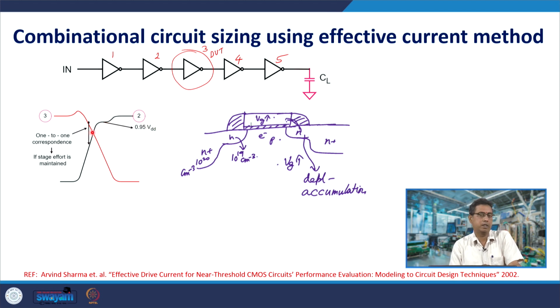It could even be 0.7 or 0.8 VDD. This is important because we know that with gate voltage, the currents change exponentially. So, a little difference in the input voltage of an inverter can result in a large difference in current and therefore delays.